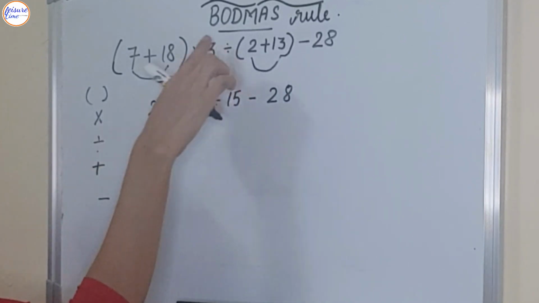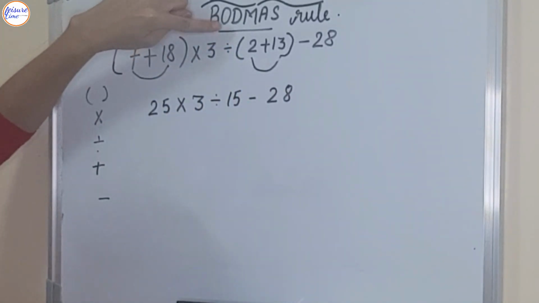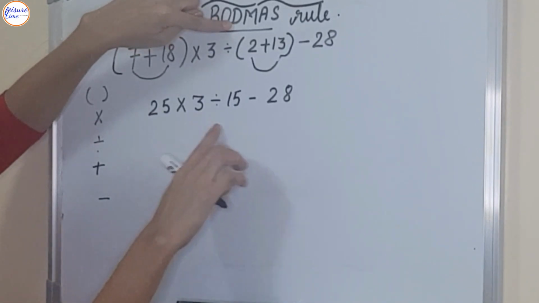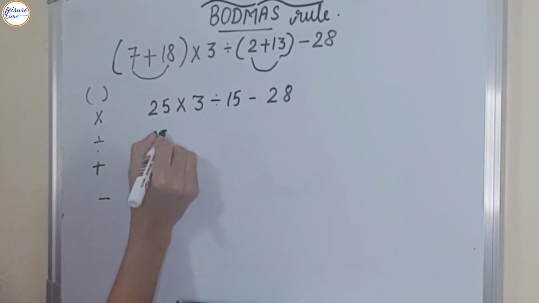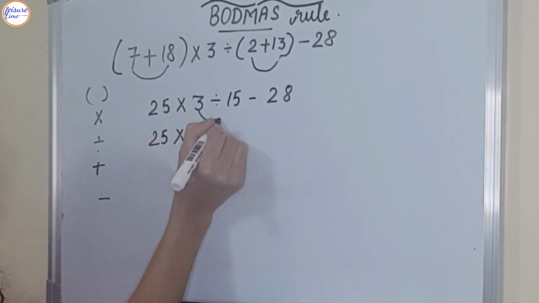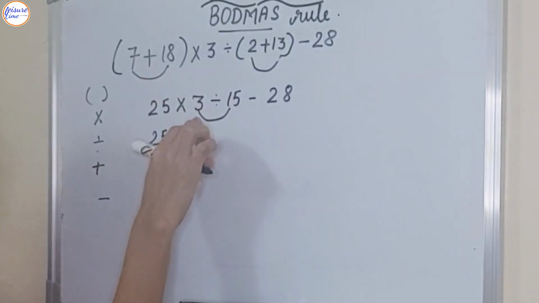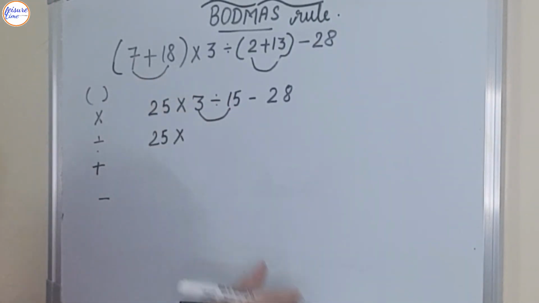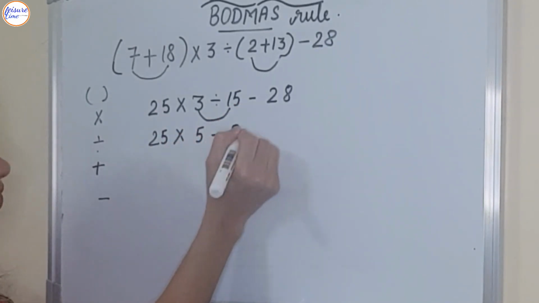According to the BODMAS rule, the first bracket is solved already. Now next is division. So first you need to solve this division. When 15 is divided by 3, what is the result? 5. Now here subtraction and then 28.